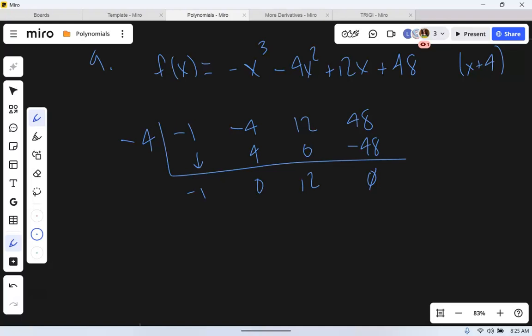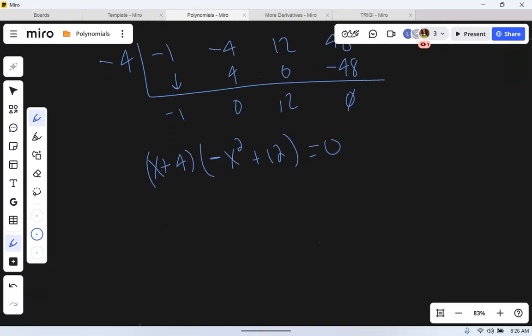Write it as a factoring problem, or write it as a multiplied problem. So I got x plus 4 times what? Can I factor anything any further? No. So I'm going to go ahead and set each piece to 0.